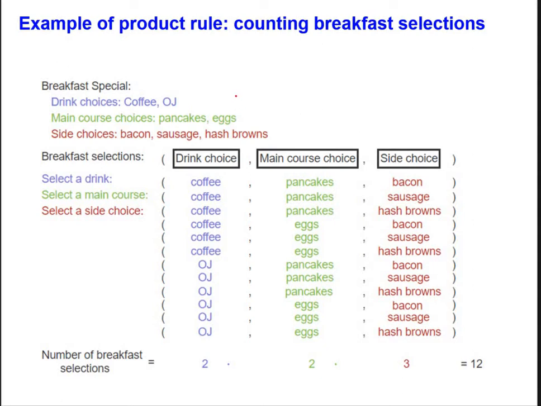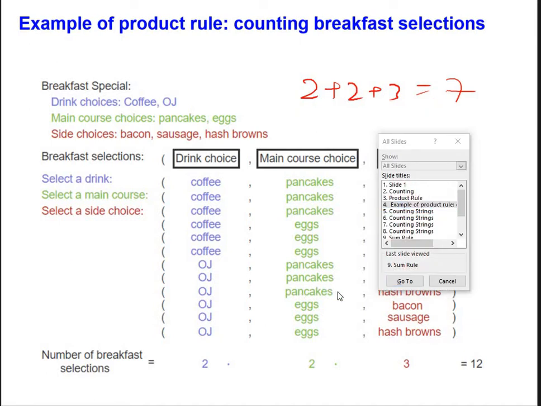How many possibilities do you have? Obviously you have 1, 2, 3, 4, 5, 6, 7. From the sum rule, you have 2 plus 2 plus 3 instead of 2 times 2 times 3. So you have 7 choices. The rule has changed because of this restriction.